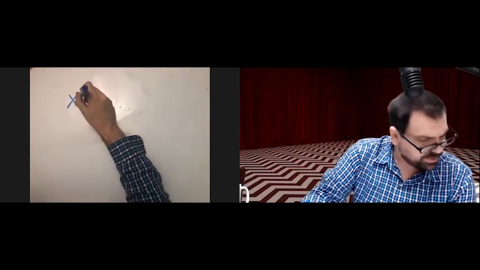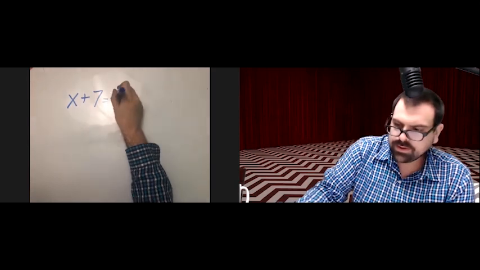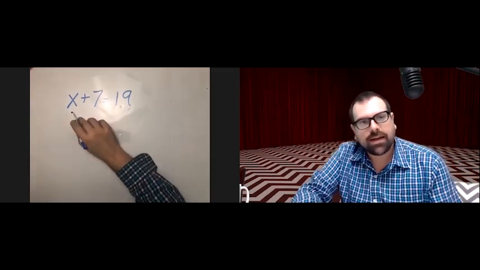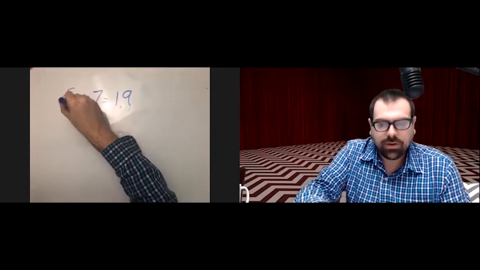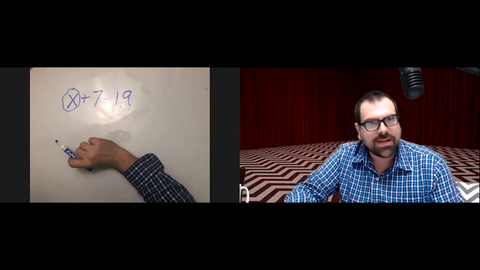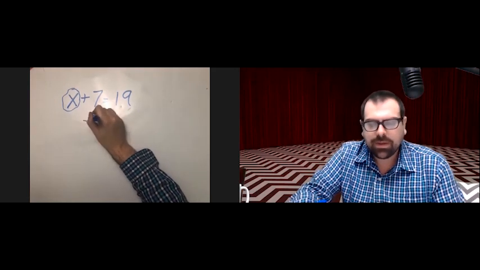And again, a simple equation like x plus 7 equals 19. We want to get the x by itself. What's happening to the x? We're adding 7. How do we get rid of it? We do the opposite. What's the opposite of adding 7?